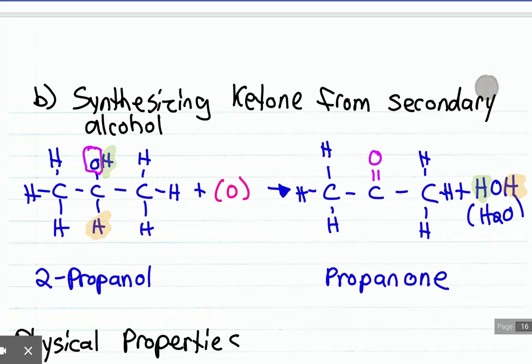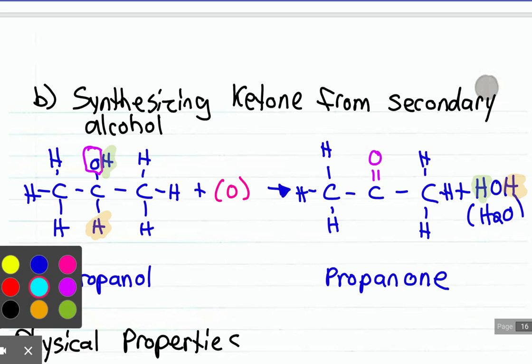So a primary alcohol was when the OH had to be on carbon number 1. A secondary alcohol is when the OH group has to be on an inside carbon. Okay, so it has to be on a carbon bonded to at least two other carbons.